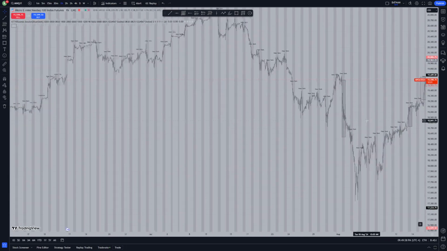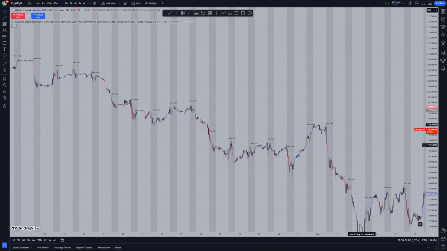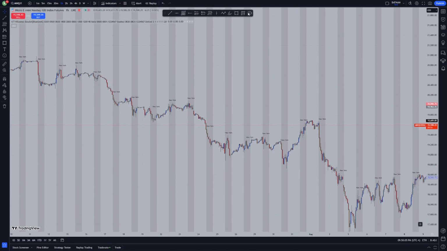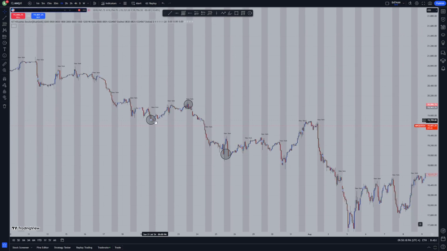Like if we look at the 1 hour time frame, what are we seeing here? Higher high, higher low. We got lower low, lower high. We got another lower low over here. And look what happened. We have a resistance over here. It broke. We can extend that over here.